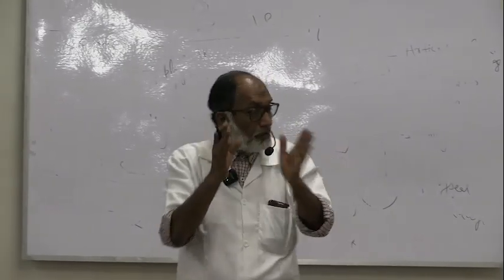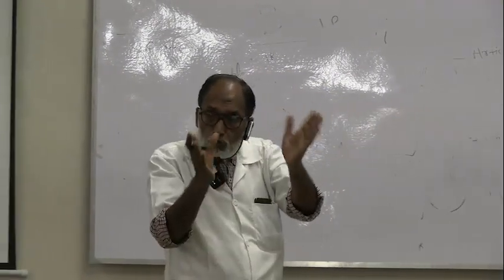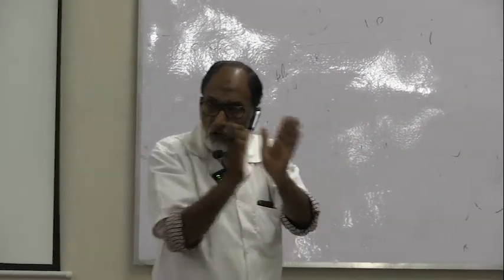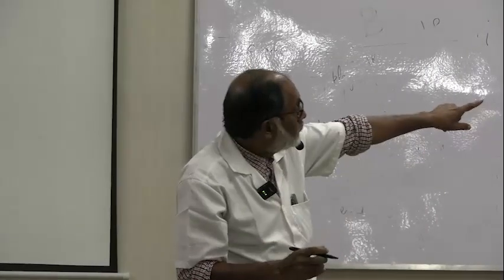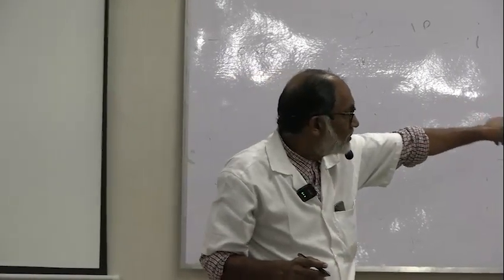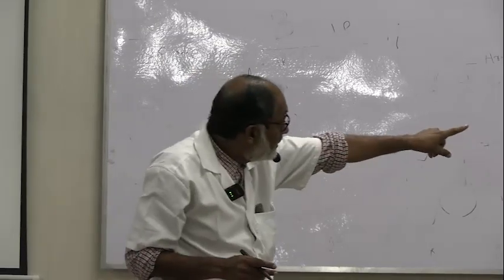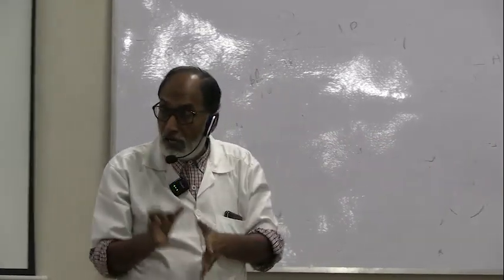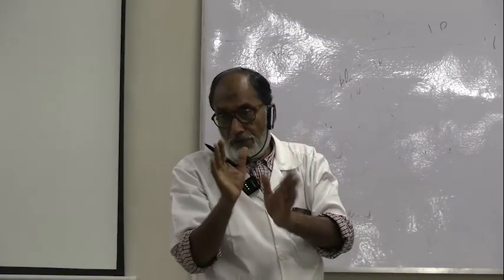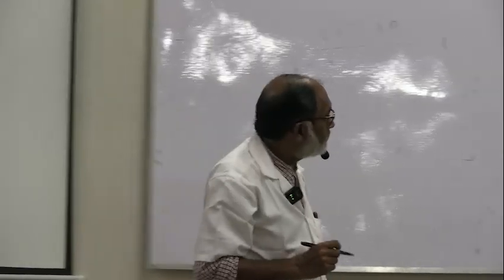Actually, first the root will form to trunk. So 5 and 6 have formed upper trunk. C7 has been continued as a middle trunk, and C8 T1 has formed lower trunk. Now trunk will divide.